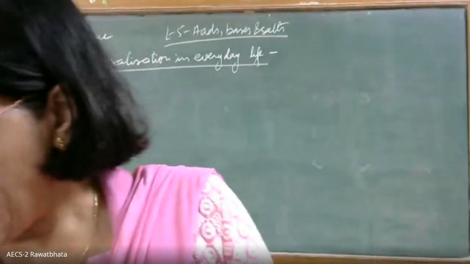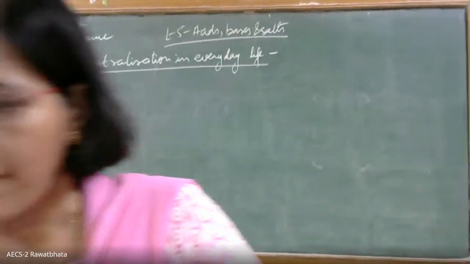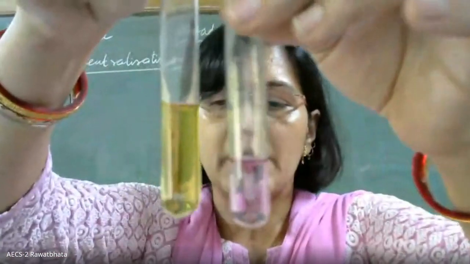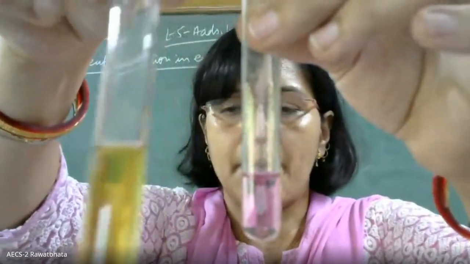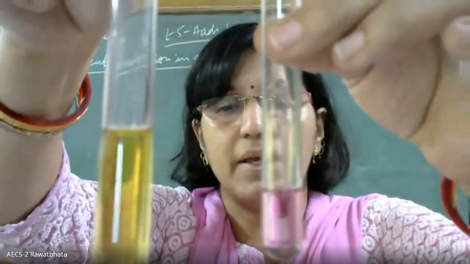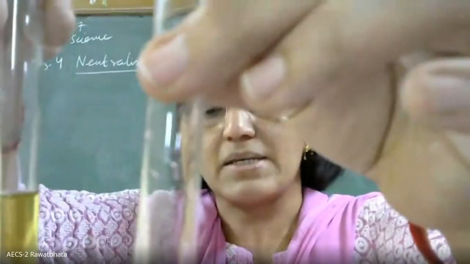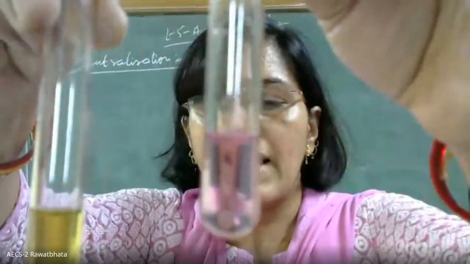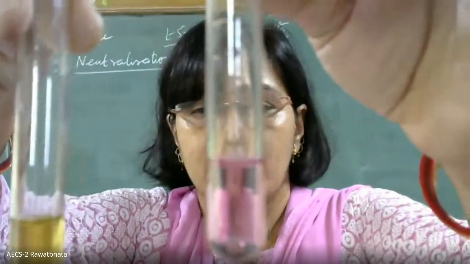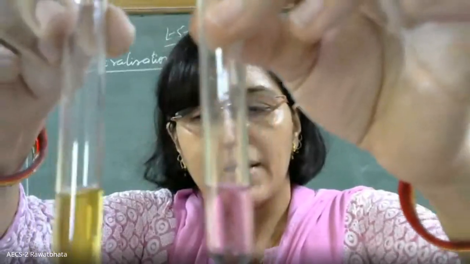So if I compare these two now, this is for the beetroot. In base, it turns green, and in acid, it goes to a lighter shade like pink. All right. Got it?